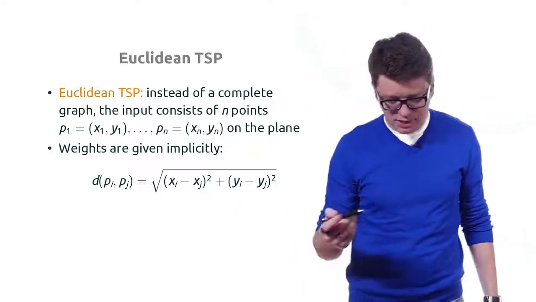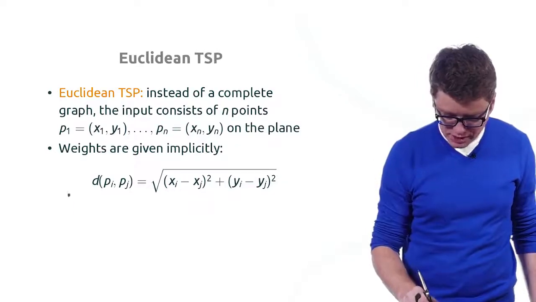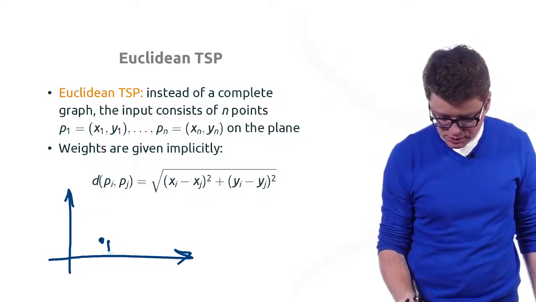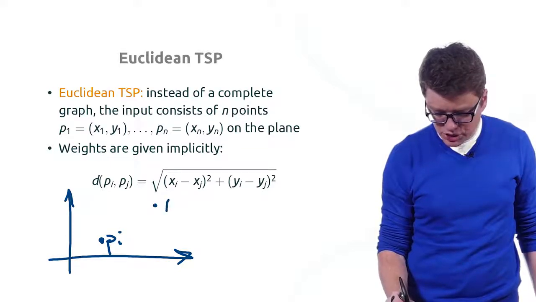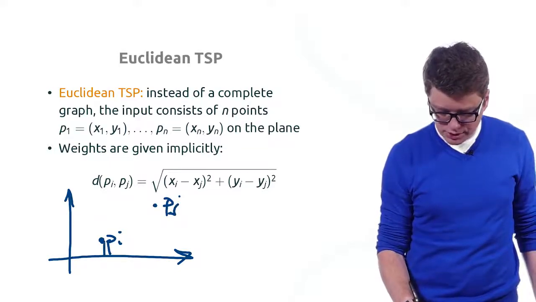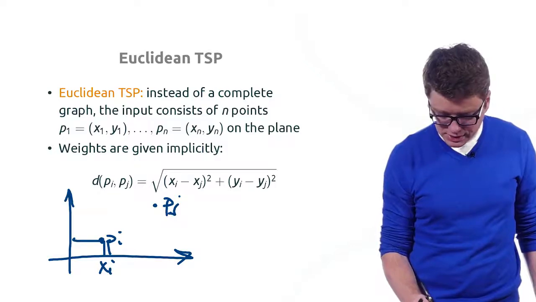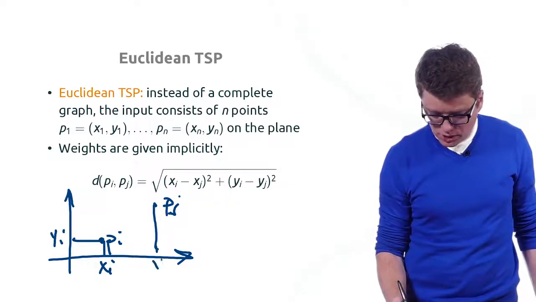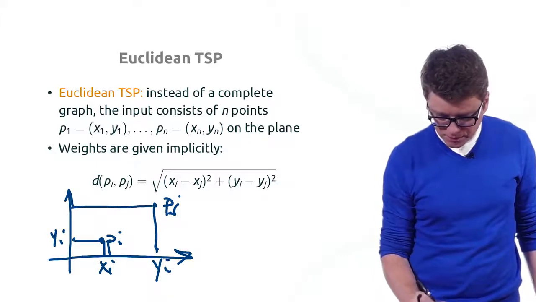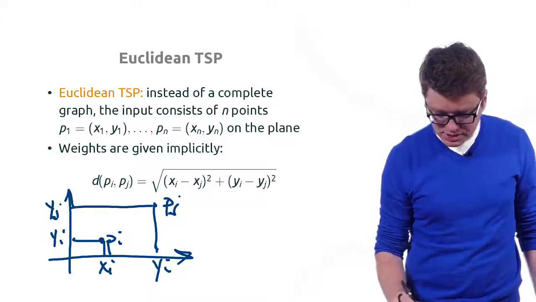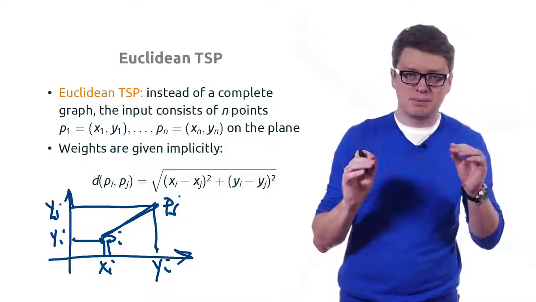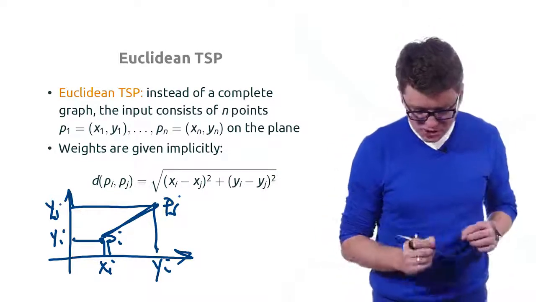If we have 2 points Pi and Pj, these are just points on the plane, so I assume that this is Pi, this is Pj. The coordinates of Pi are xi, yi, the coordinates of Pj are xj, yj. Then the distance between Pi and Pj, which in this case is the same as weight or length, we know how to compute.